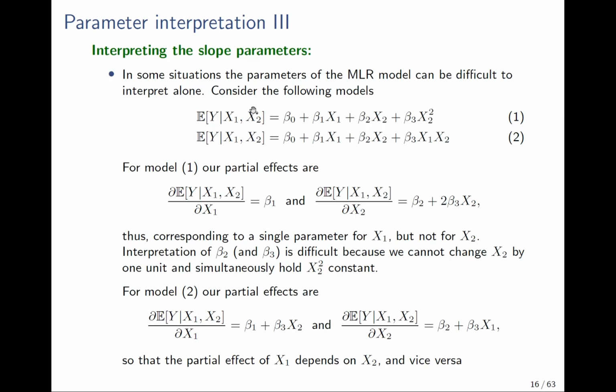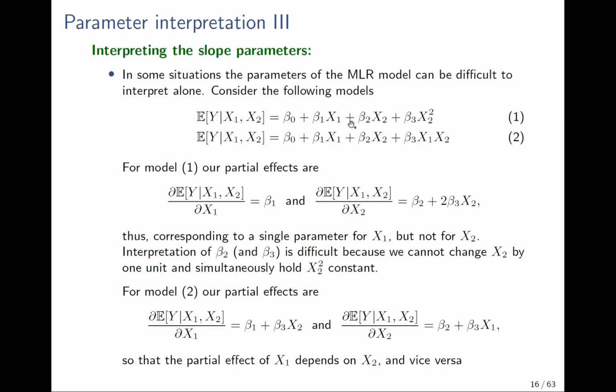So if we take our partial effect from model 1, the partial effect on the expected response with respect to x1 is just beta 1, but the partial effect on the conditional response with respect to x2 is beta 2 plus 2 times beta 3 x2. So for x1, the partial response corresponds to a single parameter, but not for x2.